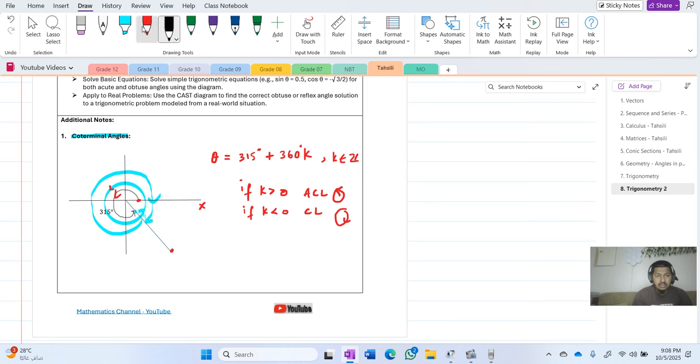Now let's look at two coterminal angles. Another way to represent 315 degrees is to choose a value of k which is negative, so negative 360 plus 315. In other words, this angle will just be negative 45.